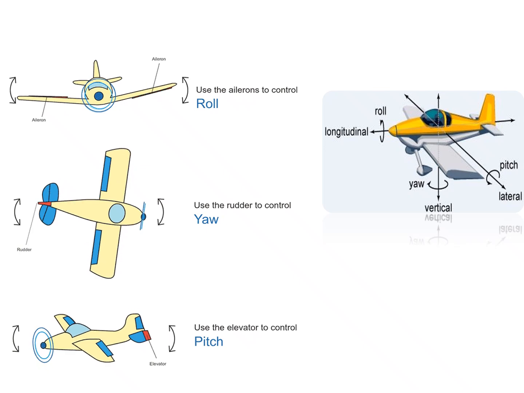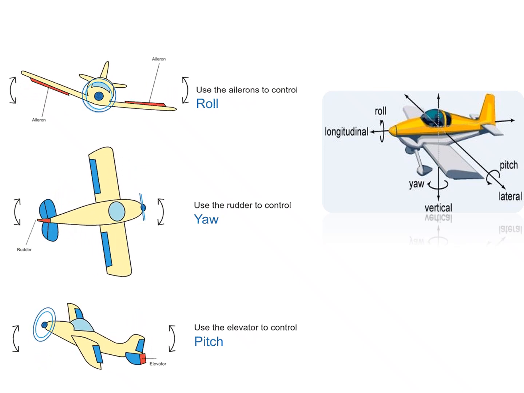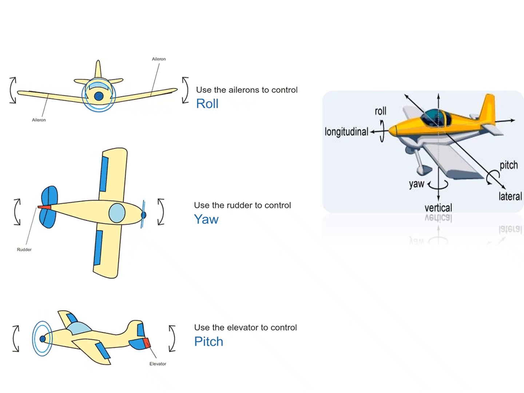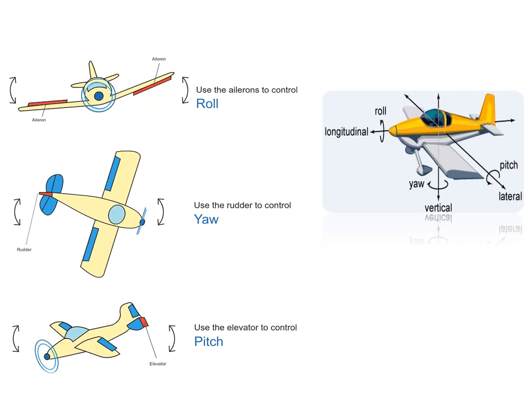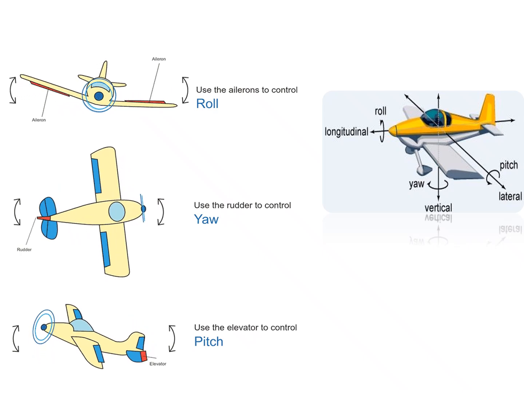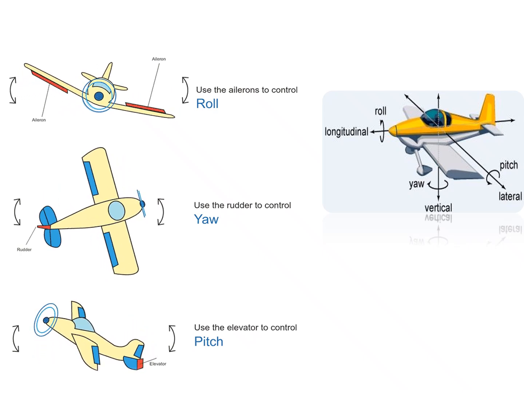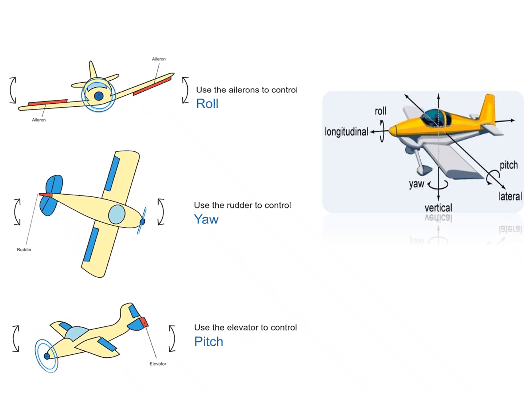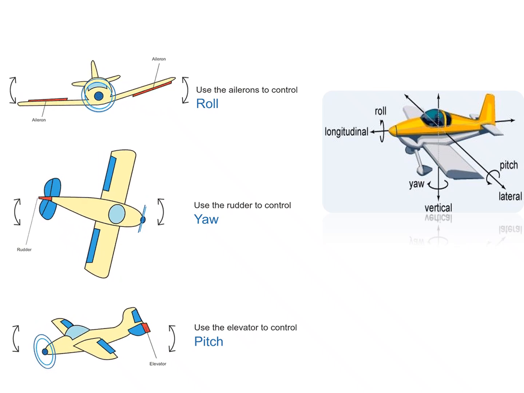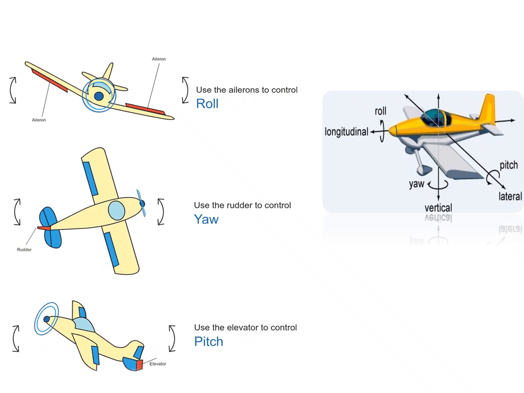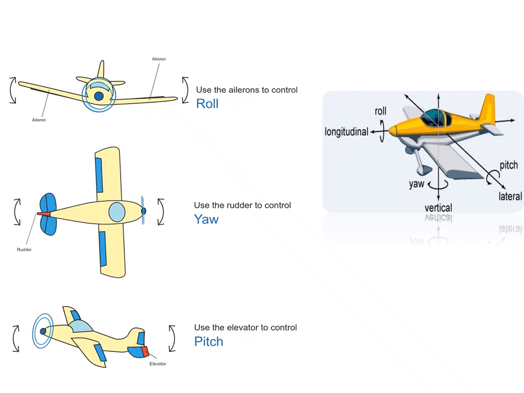In the vertical, the yaw movement takes place, with the rudder to control, and in lateral, the pitch movement, with the elevator to control. So from the given images, we can easily identify what the movements are and what the controlling surfaces are that are used to control the flight and deviate its axis.